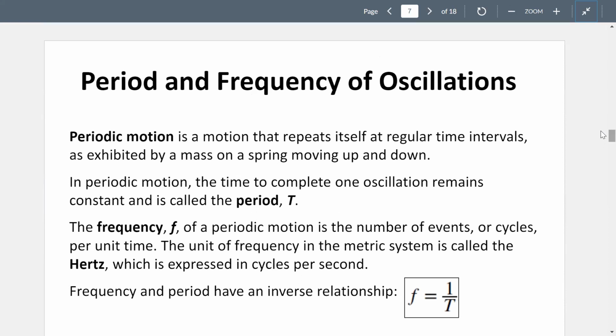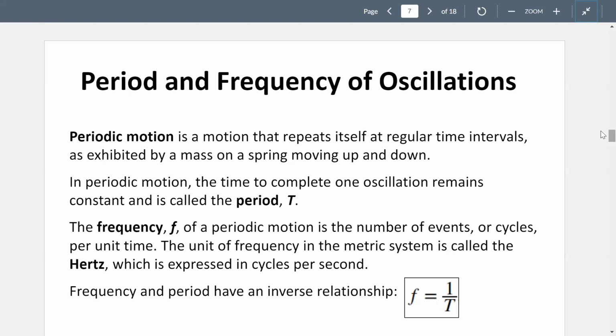Period and frequency. Well, we've seen this type of symbol before, period, T, when we talked about circular motion. And that is because circular motion is periodic. Okay, oscillatory motion is periodic. Wave motion is periodic. So why?